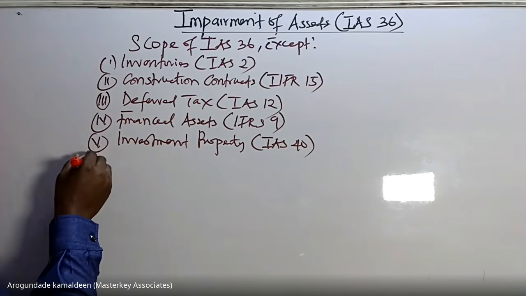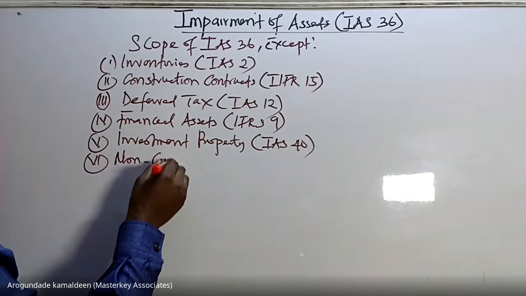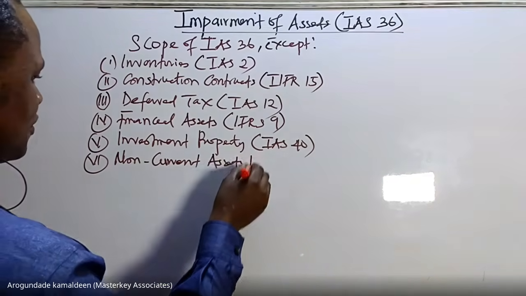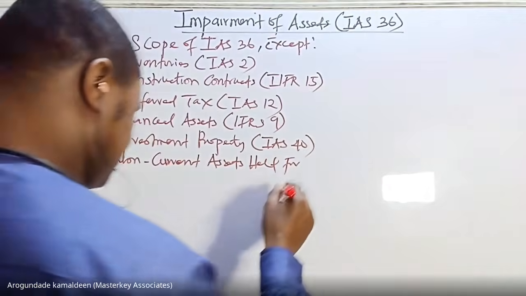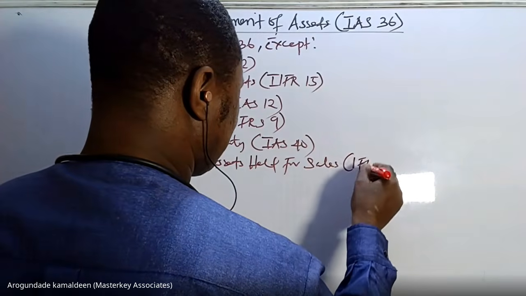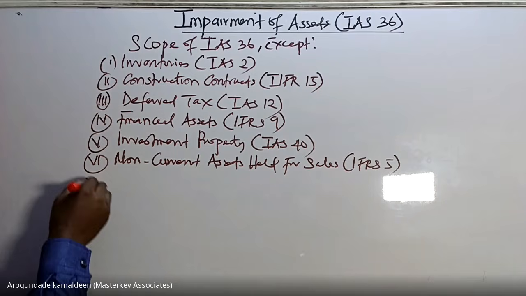Next, you have the non-current asset held for sale, IFRS 5.